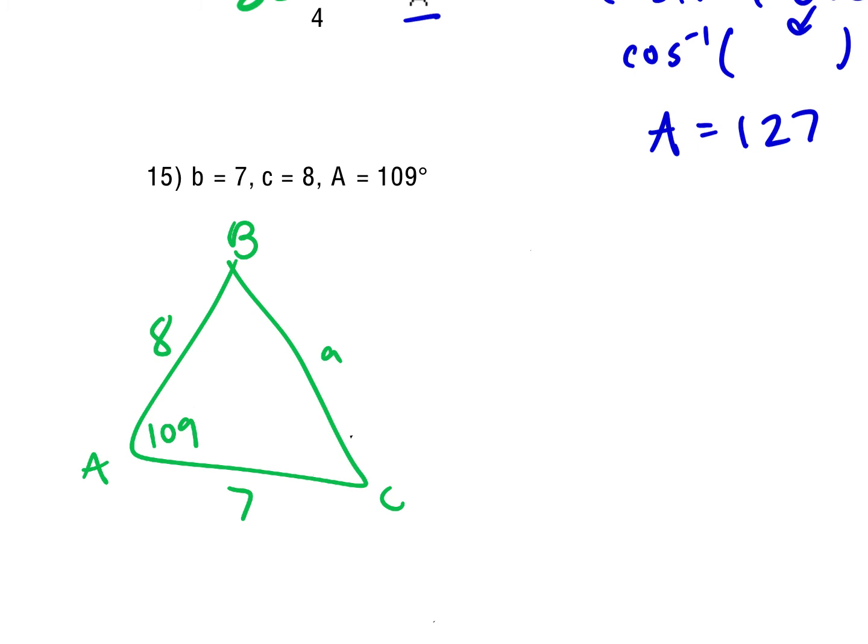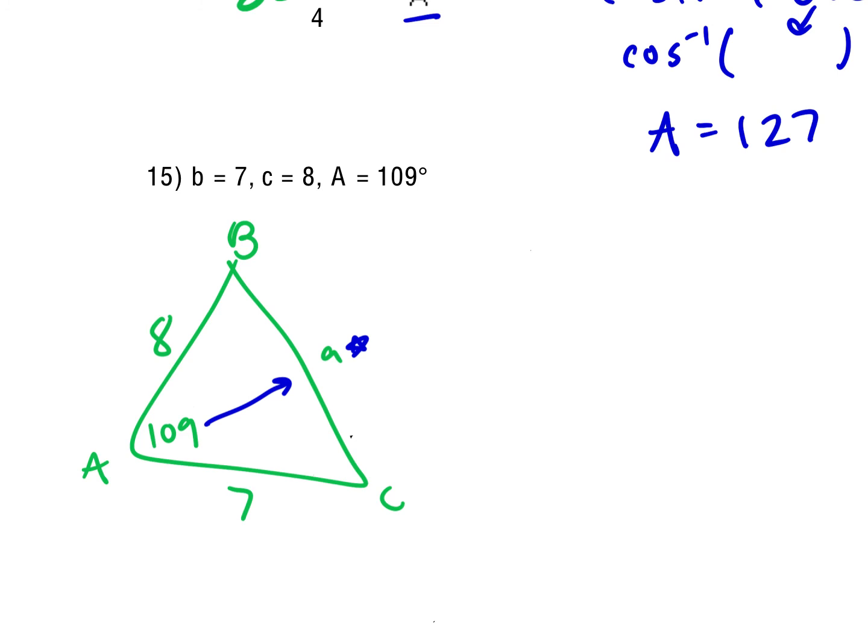If I'm using law of cosines because I don't have a pair, what do I have to find? Side A, because I have angle A. So you always find the one opposite first. And then the second one that we find is going to be the smallest. So it's always the second thing that you do, you find the smallest one. And that's for law of cosines. For law of sines, it doesn't matter.